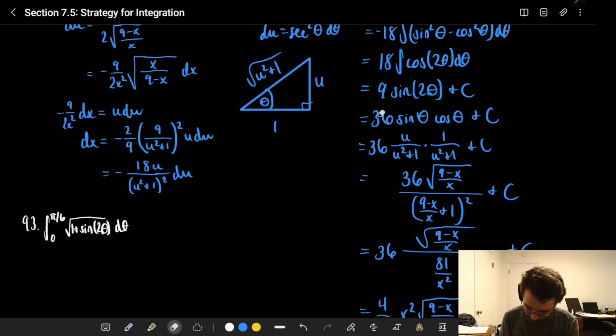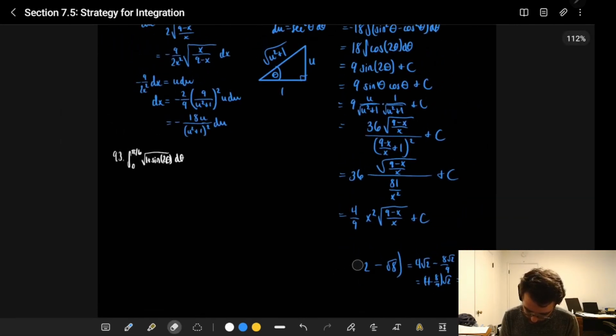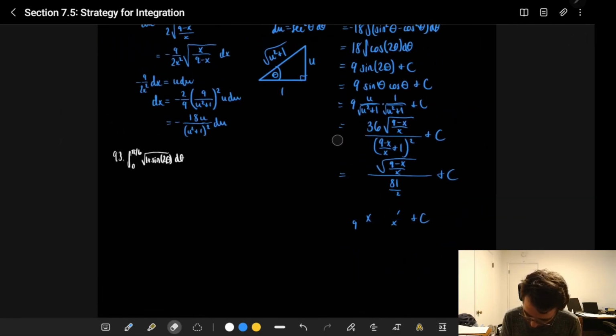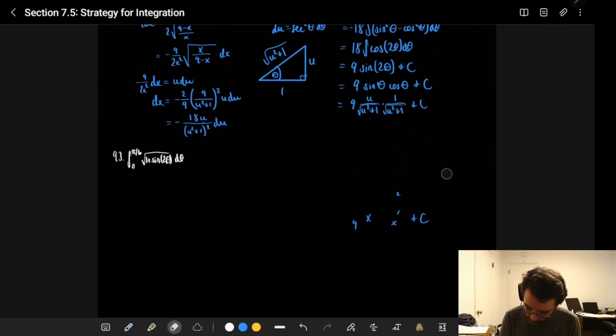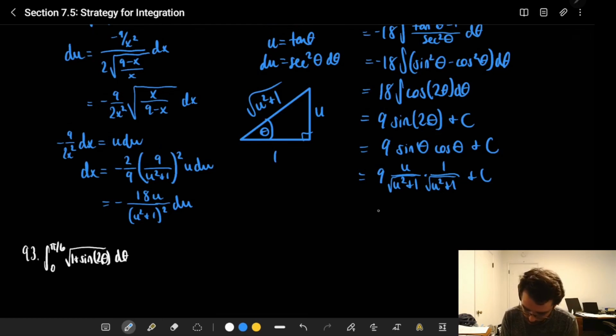And then, okay, so this is just 9. Sine theta cosine theta, so that's also 9. I forgot the square roots on these. So let's just erase the rest of this and figure it out from here, because I believe everything before this was correct.